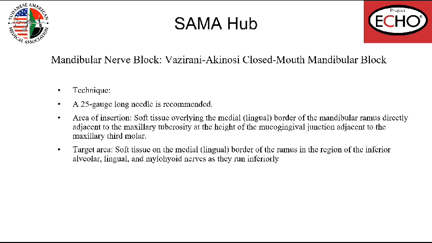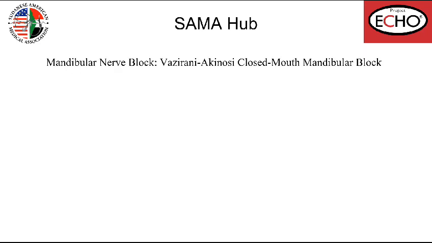A long 25 gauge needle is used. Area of insertion, soft tissue overlying the medial border of the mandibular ramus, directly adjacent to the maxillary tuberosity at the height of the mucogingival junction, adjacent to the maxillary third molar. Target area, soft tissue on the medial border of the ramus in the region of the inferior alveolar, lingual and mylohyoid nerves as they run inferiorly.